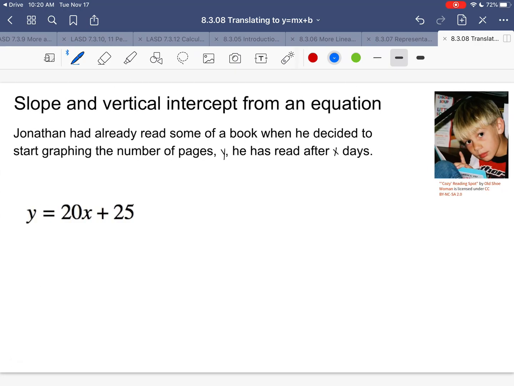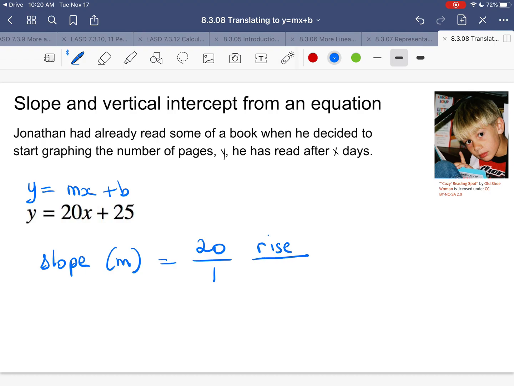If we already have an equation, such as here, y = 20x + 25, in y = mx + b, slope is represented by m. So slope is 20 over 1, meaning that you would rise 20, your vertical change is 20, and then you would go 1 to the right.